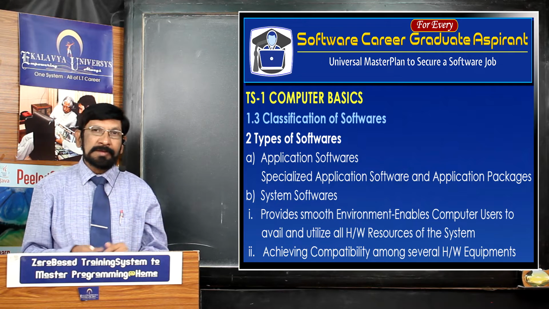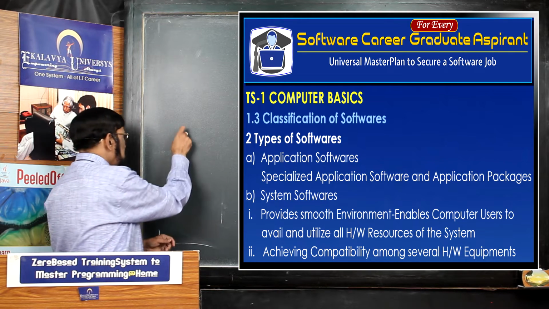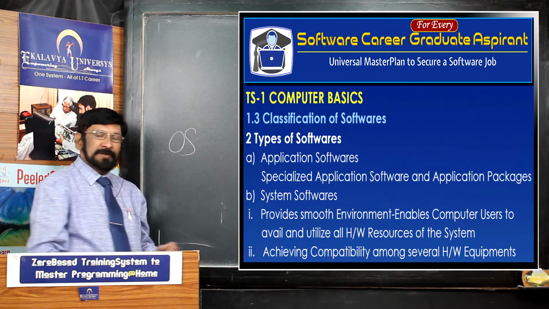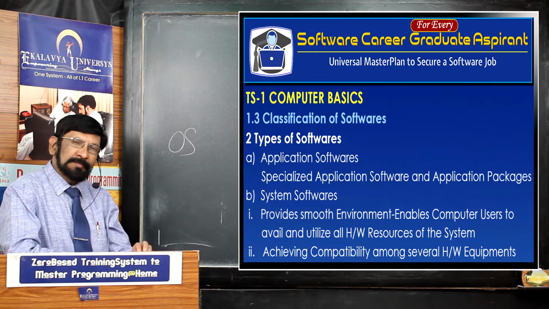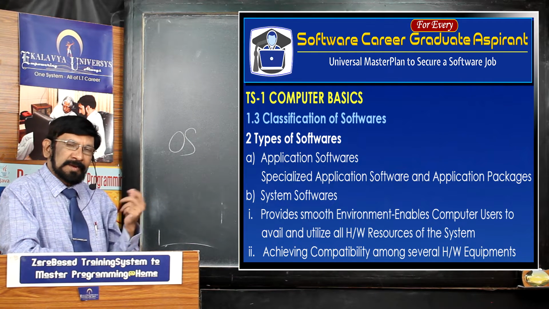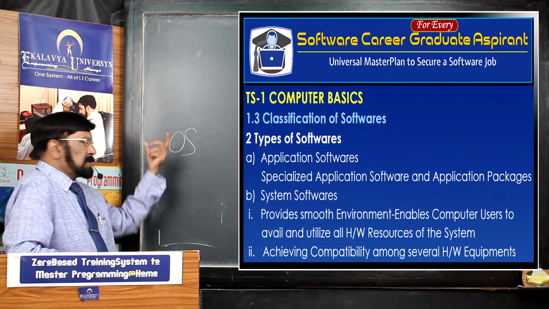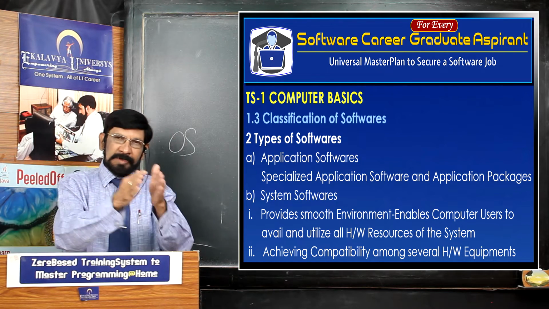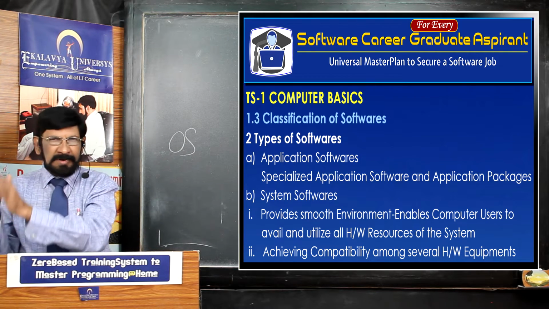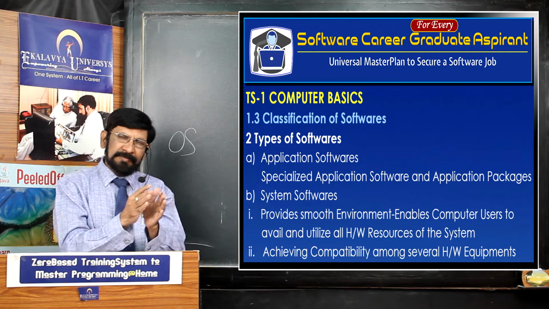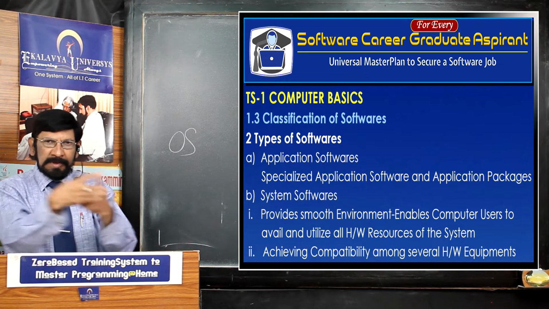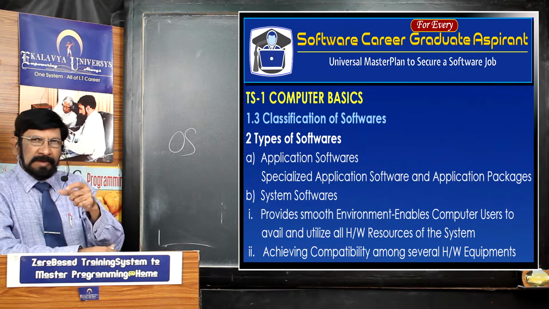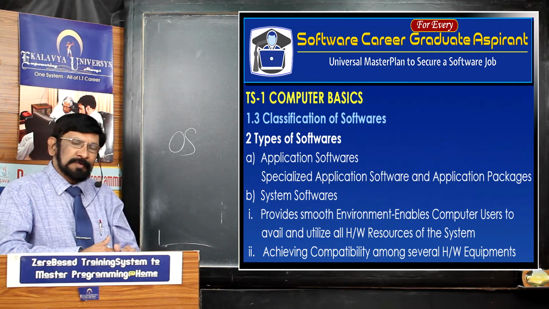So, mainly, there should be a manager in that, that is the OS, operating system: Windows operating system, Unix operating system, Linux operating system. This is like a manager. Actually, it links hardware and software. Software is a different entity, hardware is a different entity, but they should be connected. They work together. Then only you can call it a computer system.